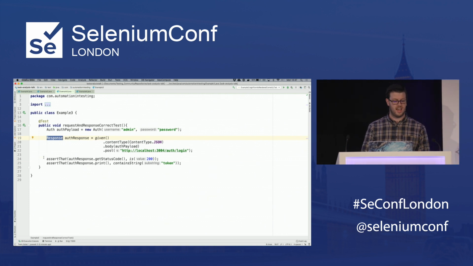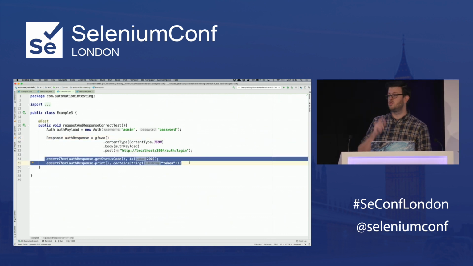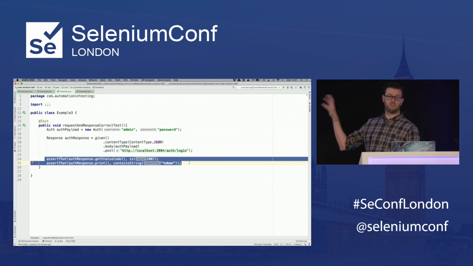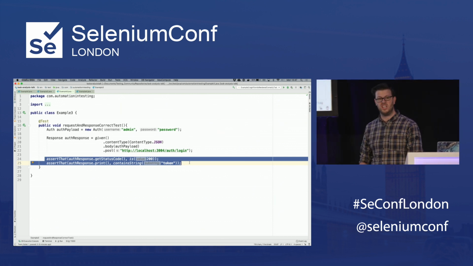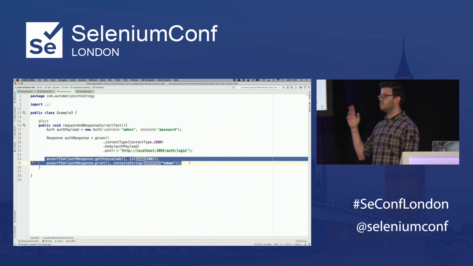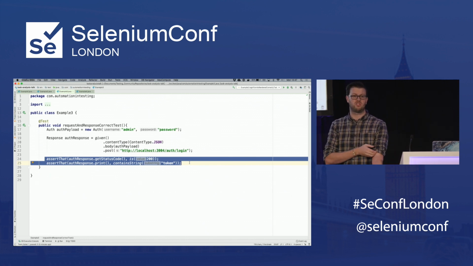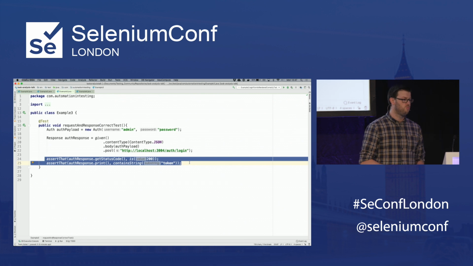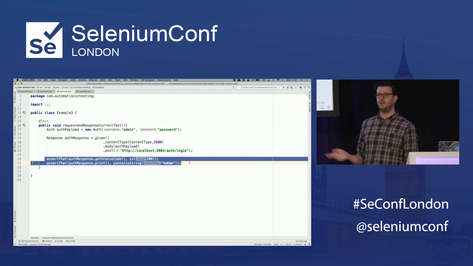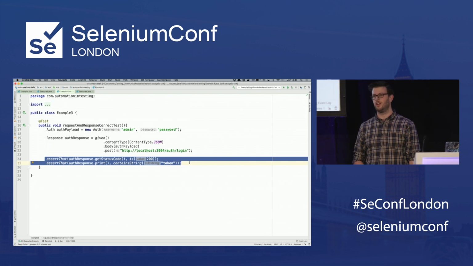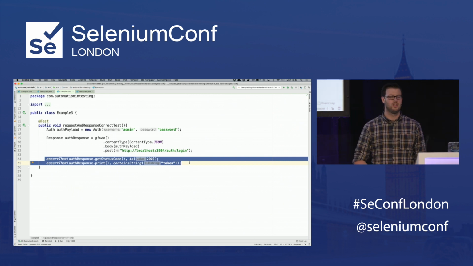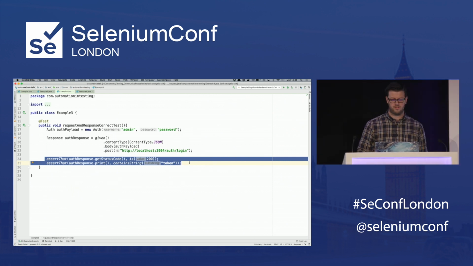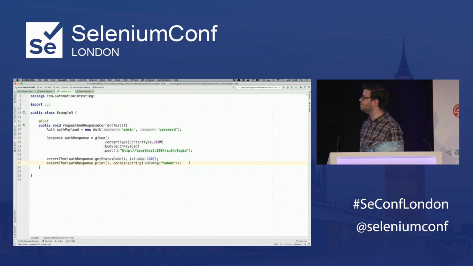And then I'm just going to say, did I get a status code of 200? And does it also contain the string token in there? Normally I'd do something a bit more sophisticated with this to make sure that the actual payload matches what I would expect. But I was feeling a little lazy and it was late a couple of nights ago writing this code up. So, don't crucify me for the bad assertion.